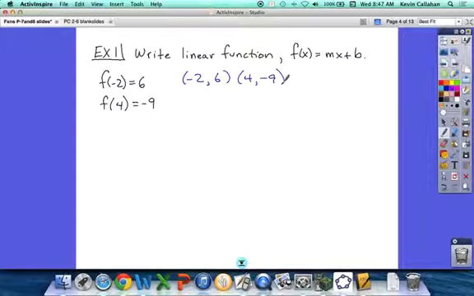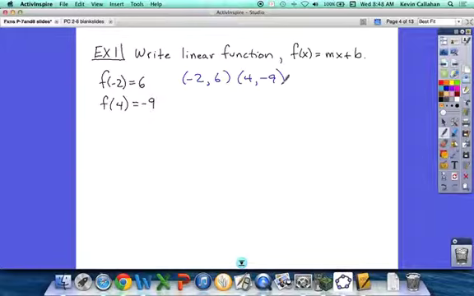Do you remember? Remember what the first step was? Connor? I mean, what's the only thing we can do with 2 points? Slope. You calculate the slope, right?